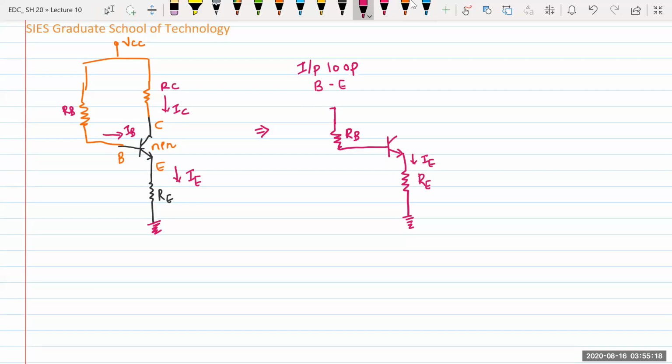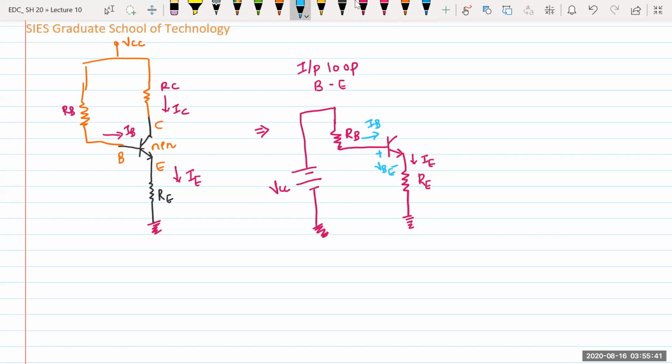So this VCC, I'll directly draw as positive, negative, and this is my ground terminal. So I'll just mark all the corresponding currents. This is my current IB, and this voltage we are going to consider as VBE.